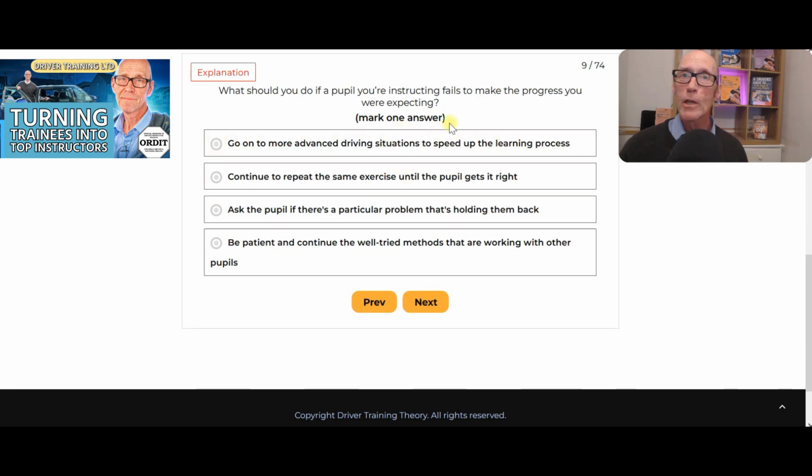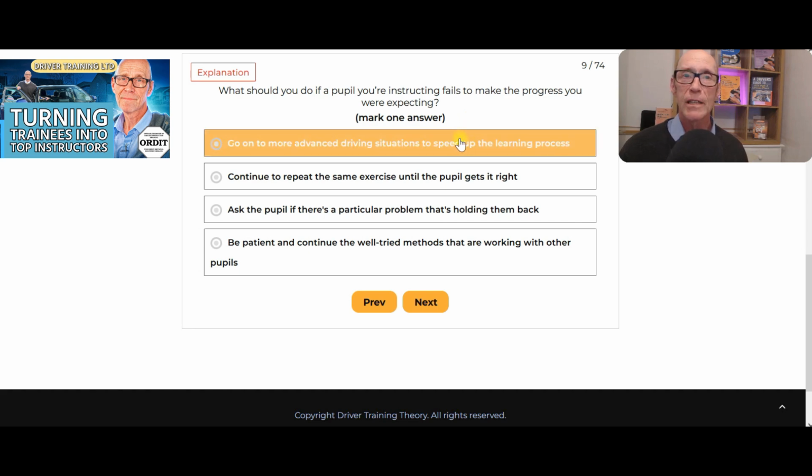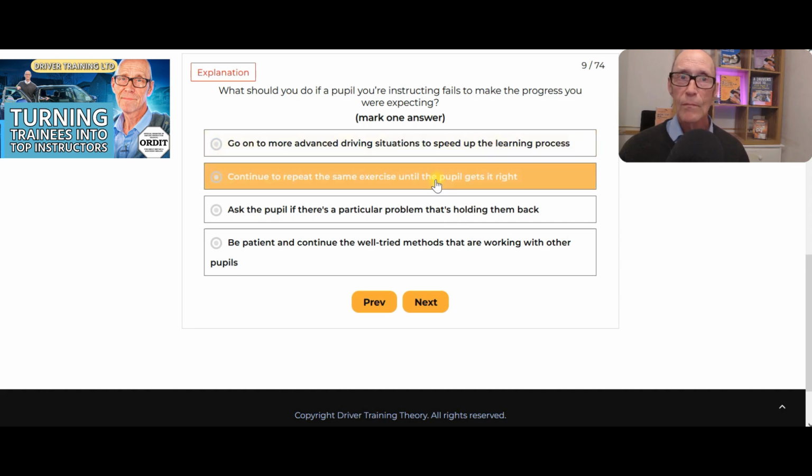What should you do if a pupil you're instructing fails to make the progress you were expecting? Should you make them go on to more advanced driving situations? If we're going to make things harder and they're already struggling, do we really think that's going to help? Should we continue to repeat the same exercise until the pupil gets it right?